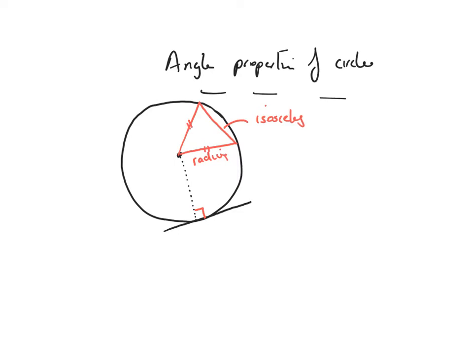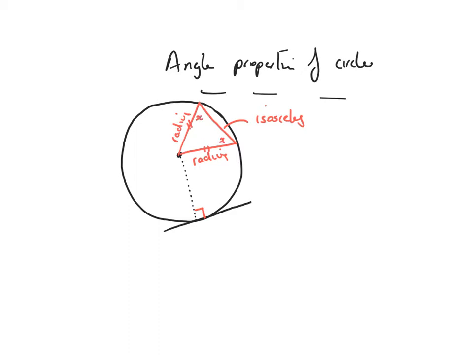But if that's true, then from here to here must also be the radius, because that's also from the centre spot to the circular edge. Now what that must mean is that that length and that length, if they're both the radius, are the same length, and that means it is an isosceles triangle, which means that this angle must be equal to this angle.